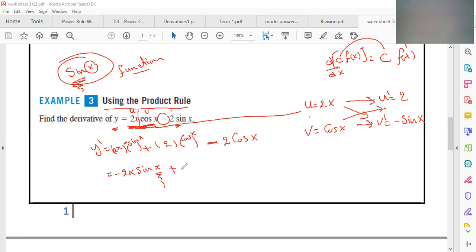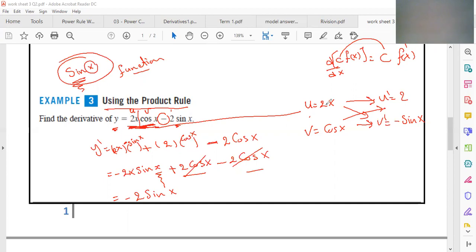Plus 2 cosine x minus 2 cosine x. That's right or not right? These two functions are opposite to each other, so it will be negative 2 sine x. I hope you understand. Have you understood or not?